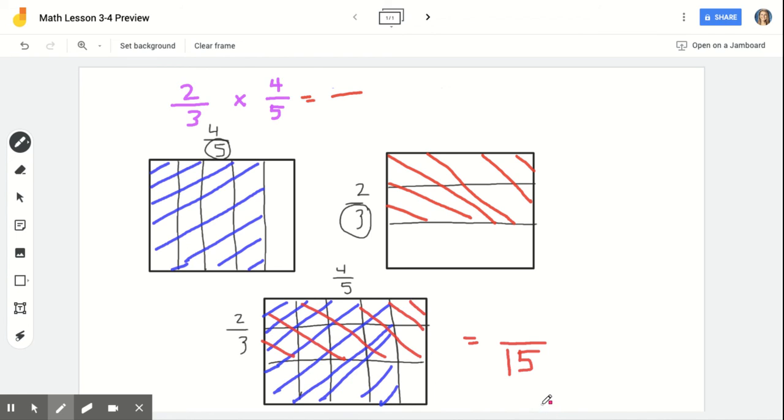And our numerator here is going to be how many pieces did we double shade? Did we shade both in red and in blue? Or if you're using a pencil, how many parts are double shaded, having the diagonal lines going one way, diagonal lines going the other? So let's go ahead and count.